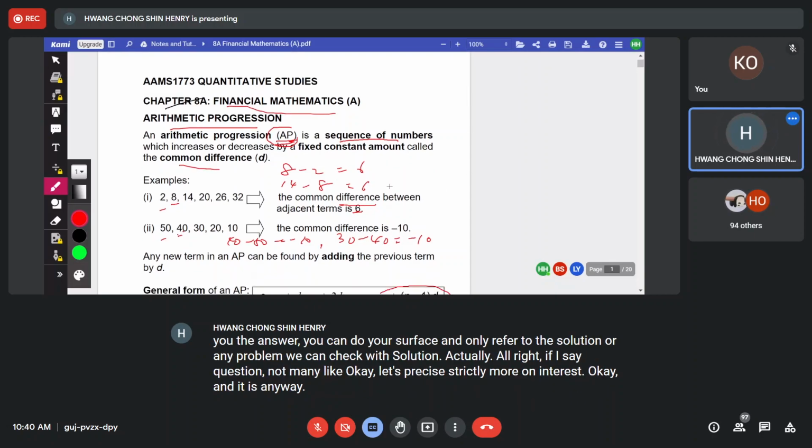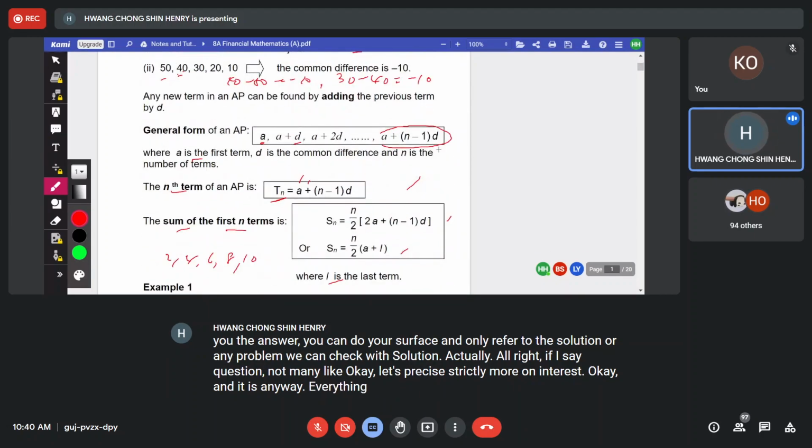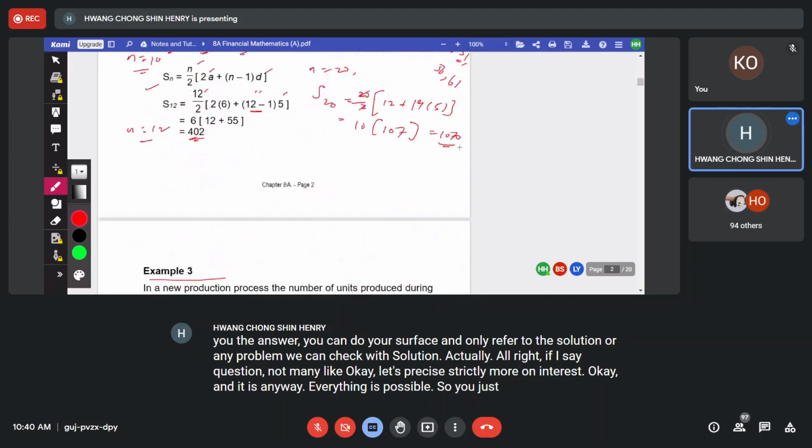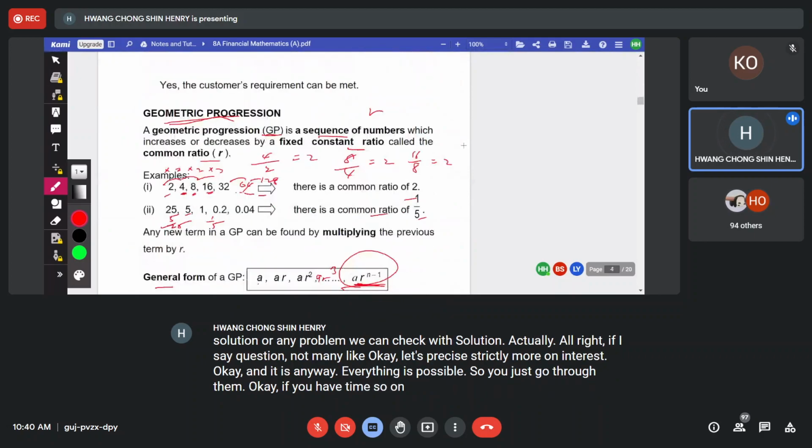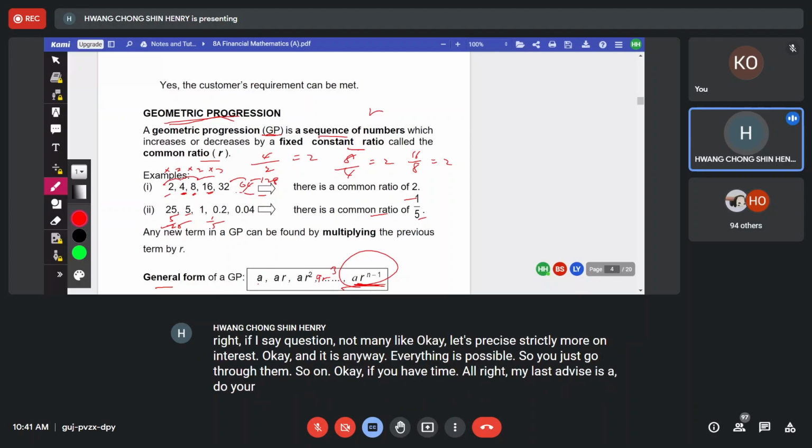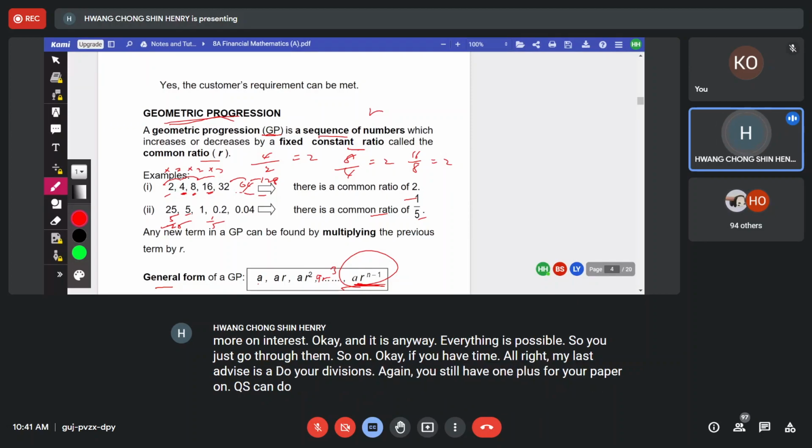Anyway, everything is possible, so you just go through it if you have time. All right, my last advice is do your revisions again. You still have about 1 week plus for your paper on QS. You can do group studies and so on. So that is my last already.